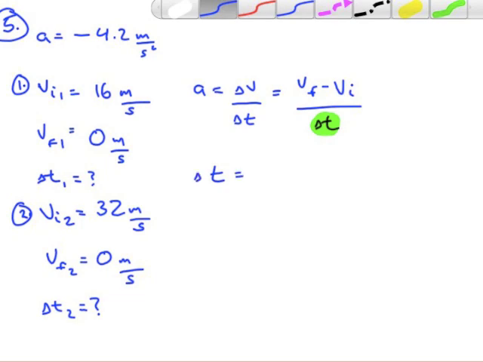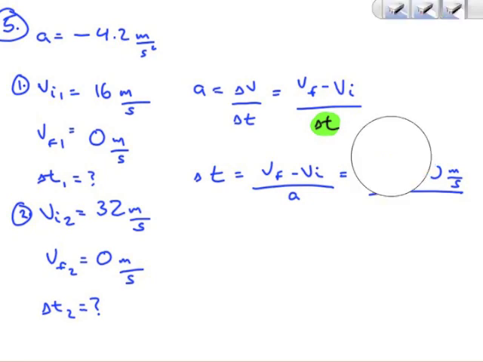So when we solve for delta t in either instance, it's VF minus VI over our acceleration. So in instance 1, where we're driving at 16 meters per second, our delta t is 16 meters per second minus 0 meters per second, all over our acceleration.